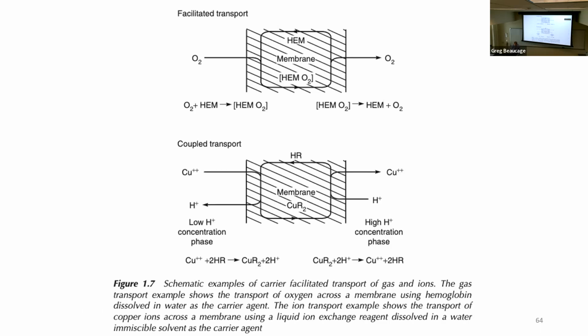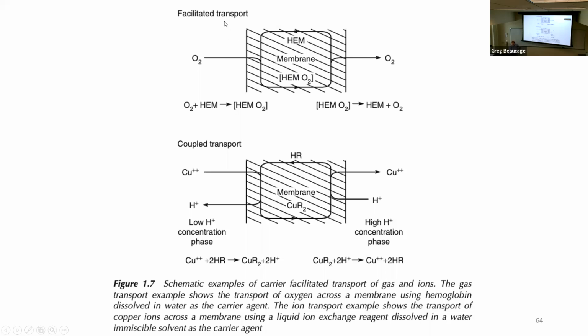This is showing this idea that you can fill the pores. So in this case, they're putting hemoglobin into the pore, right? And then you can put oxygen in, the hemoglobin binds to the oxygen. So if it's oxygen rich, then the hemoglobin binds. If it's oxygen poor, the oxygen debinds from hemoglobin.